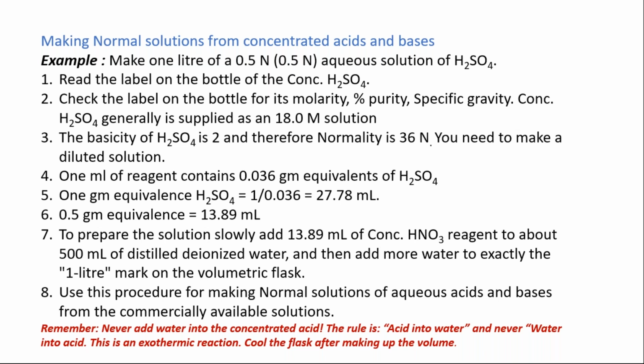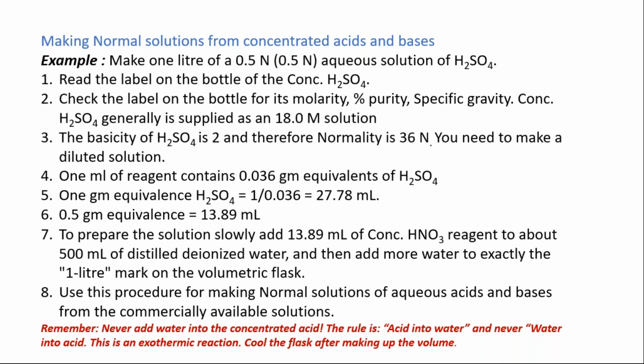So using C1V1, you can dilute the 36 normal sulfuric acid to 0.5 normal, or you can calculate the mass required, which is 27.78.